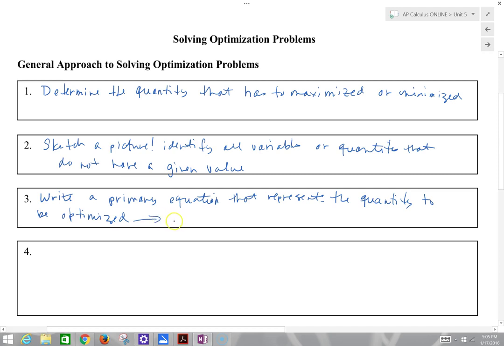And you need to be aware that they have more than one variable, which leads us right into number 4.